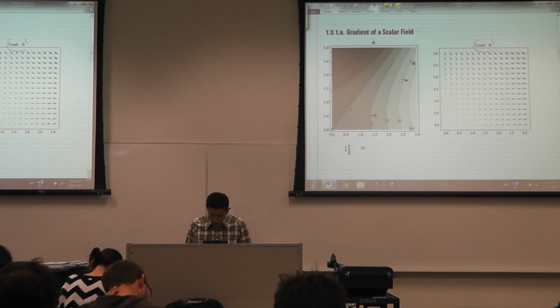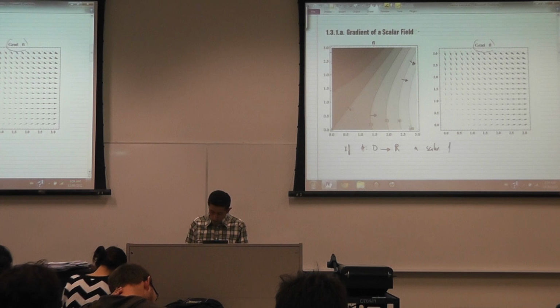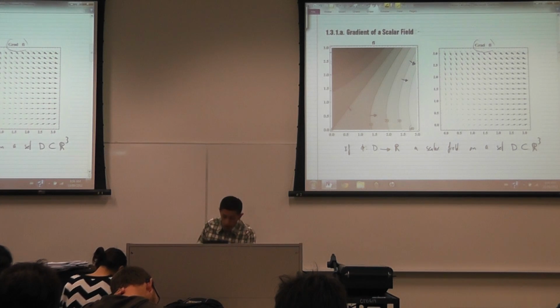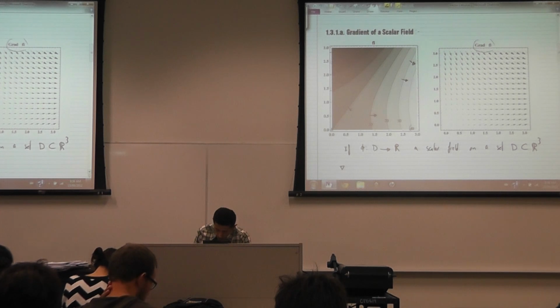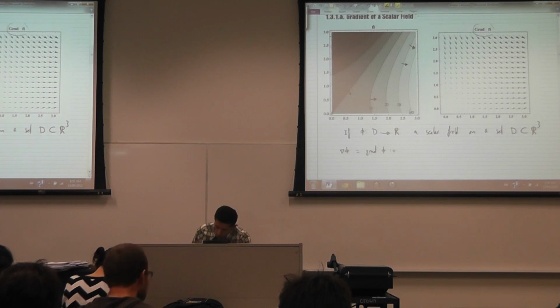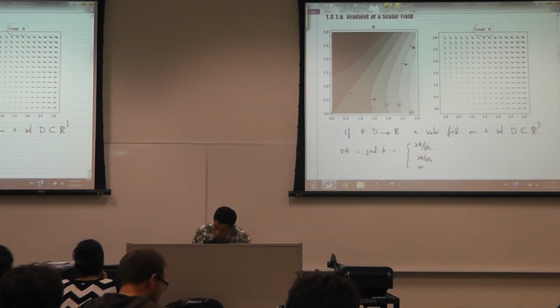So if phi is a scalar field on a set D in R3, then the gradient of phi is defined as partial phi by partial x1, partial phi by partial x2, partial phi by partial x3.